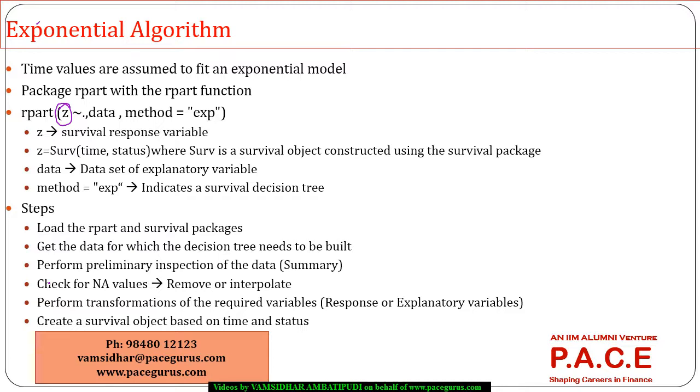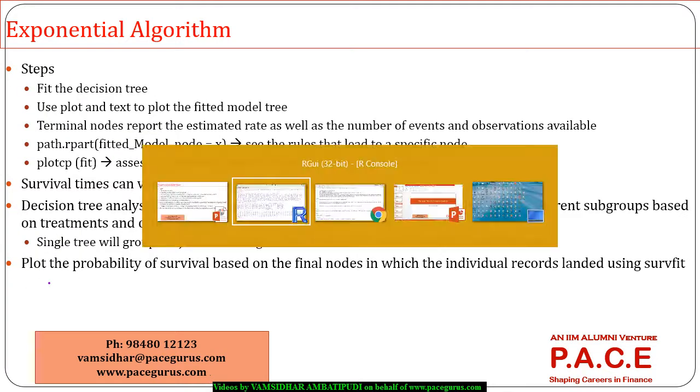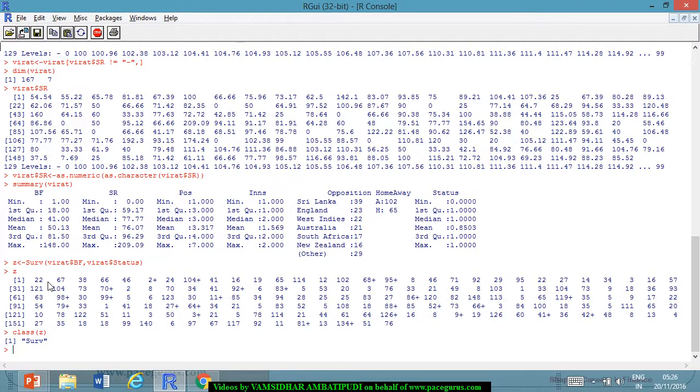And now I can very well talk about the different variables which can influence it, where I want to do the bifurcation as well. So let me call it fit survival. That's the name of the variable that I'm using. I'll use the rpart function for this. Z is my response variable. As a part of my input variables, I don't know.